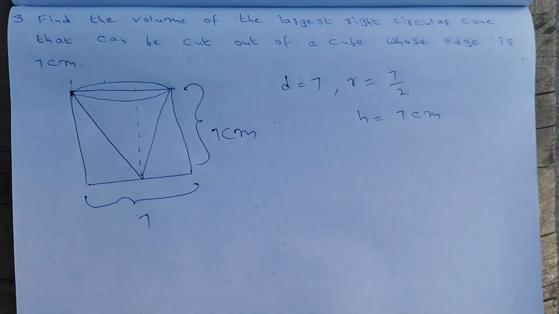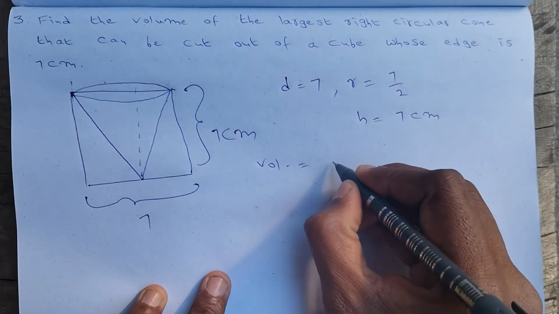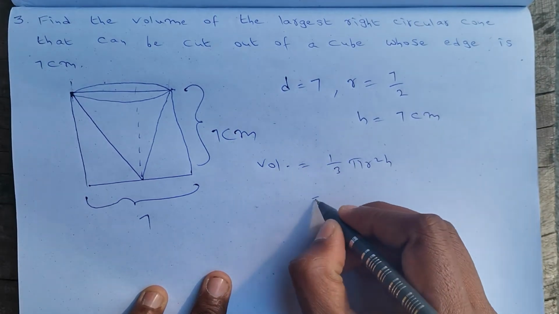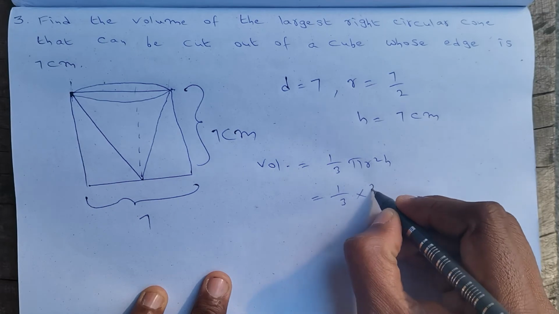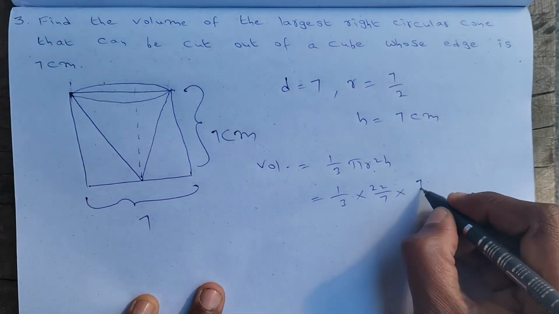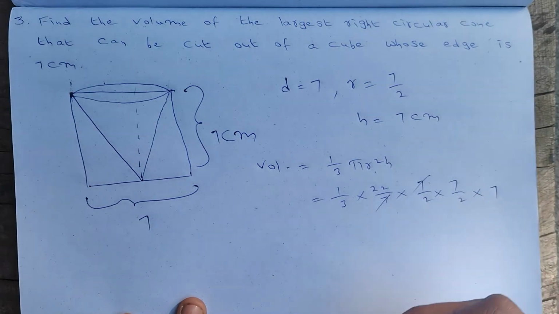Now we have height as well as radius, so we need to find out the volume of cone. So volume of the cone formula is 1 by 3 pi r square h equals 1 by 3 into pi value 22 by 7 into radius 7 by 2, so 7 by 2 into 7 by 2 into height 7. Here 7 cancels.